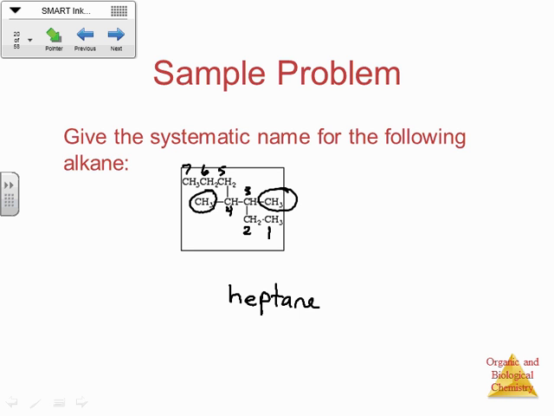So when we name this, we're going to call this 3, comma, and then the other methyl group comes off of carbon 4 here. So 3,4-dimethylheptane. And that's how you name that.